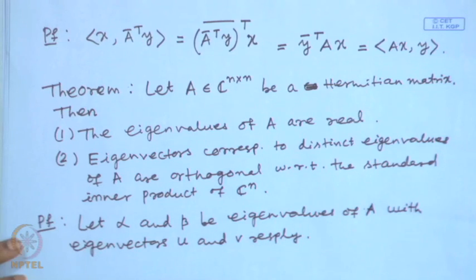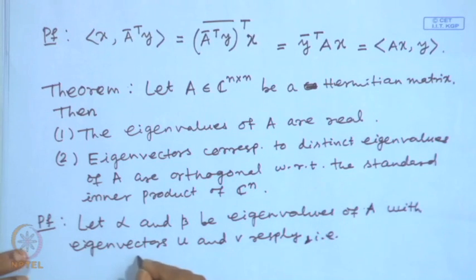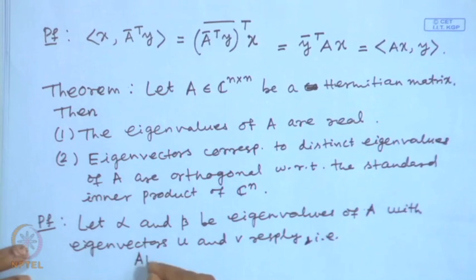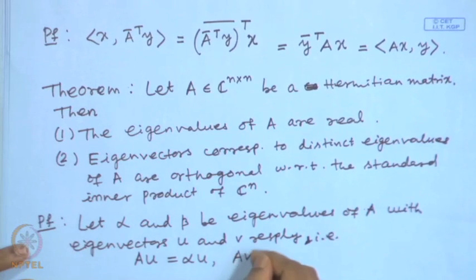Of course, this means that A times u is equal to alpha u and A times v is equal to beta v.